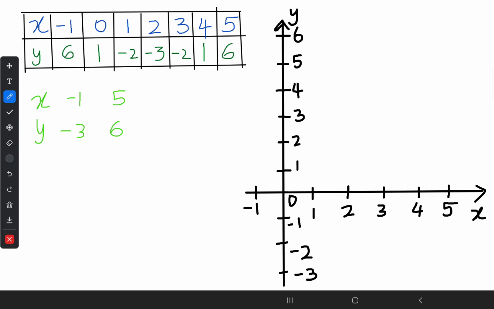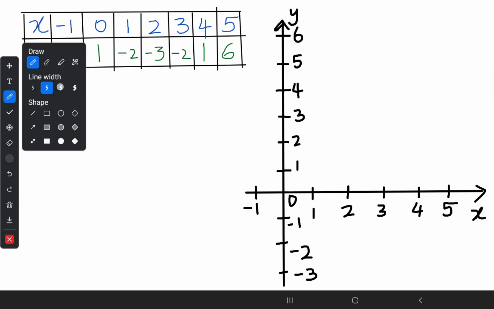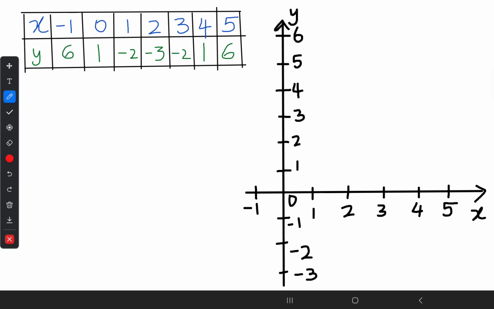We just planned our graph and implemented it as well. Then the next thing is very important. You should mark the perfect coordinates on the Cartesian plane. When x is 0, y is 1.